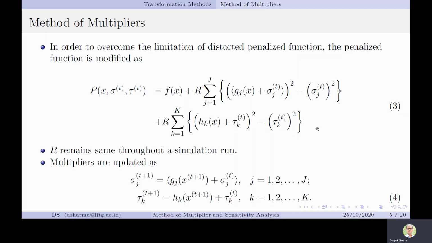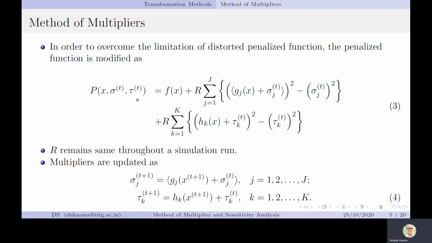Now in this, R will remain the same throughout the simulation. Similar to the previous discussion where we were changing the value of R in every sequence, in method of multiplier we keep the value of R the same. Now the question is, what are sigma t and tau t?